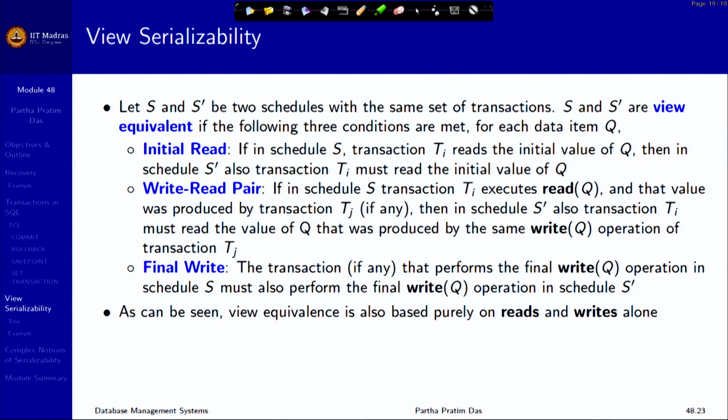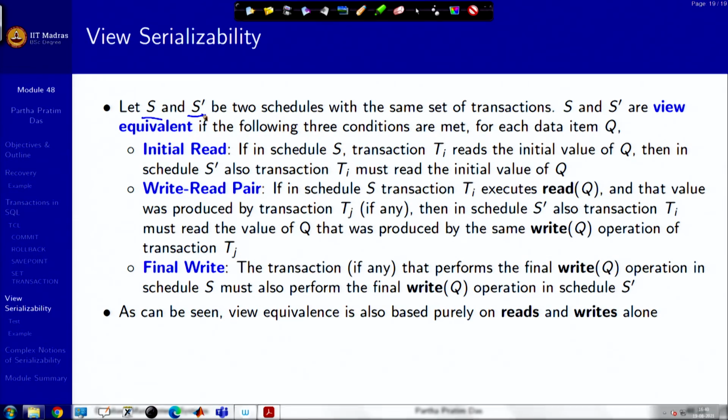And several schedules are not conflict serializable. A weaker notion than that is view serializability. View serializability has three conditions. Let us look at two schedules S and S prime.